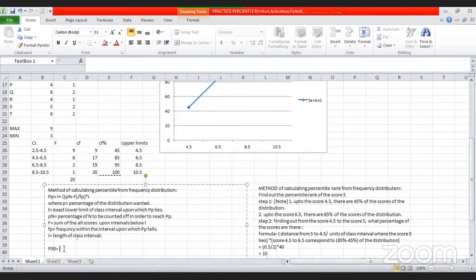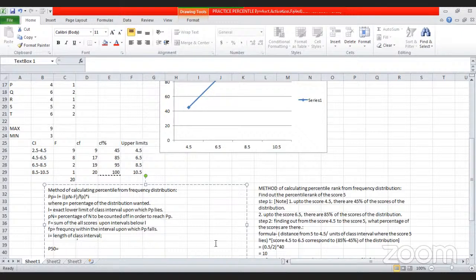So for P50, we need to first count the Pn, that is the percentage of N to be counted off in order to reach Pp. That means 50% of the 20 individuals, because there are 20 individuals in our sample. So we need to calculate the Pn first.